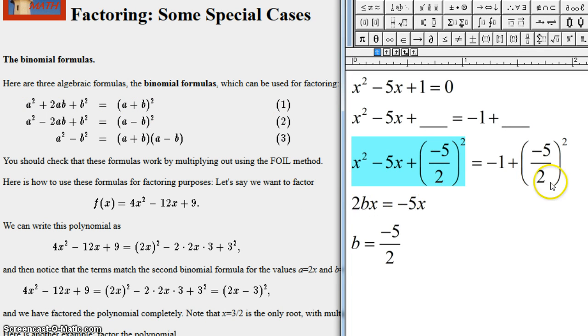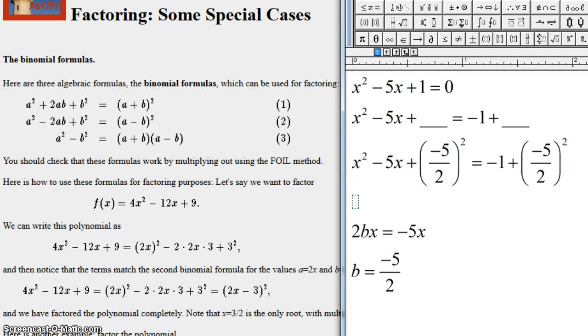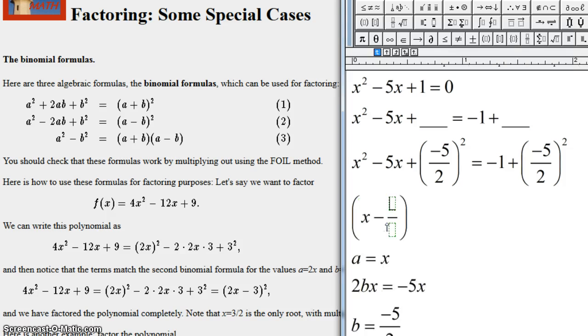So, well, we said a equals x. So it's x plus, well, what was our b? Negative 5/2. So I know it doesn't look that pretty, but it's actually written exactly in this form. So we can write x minus 5/2 squared.